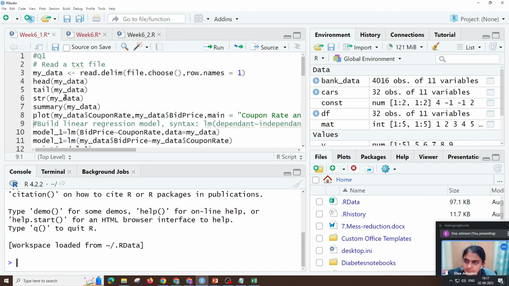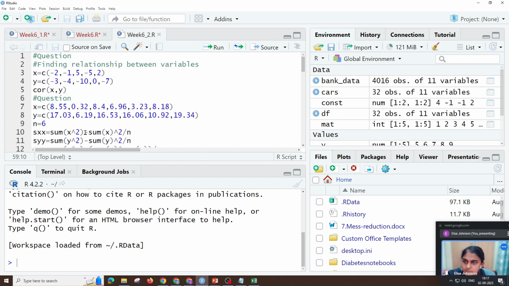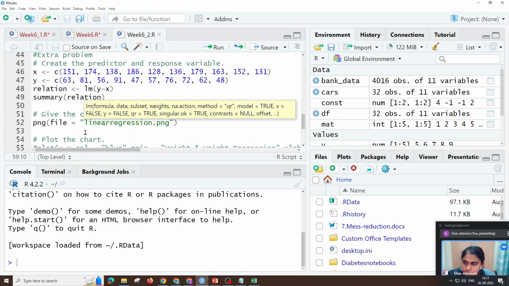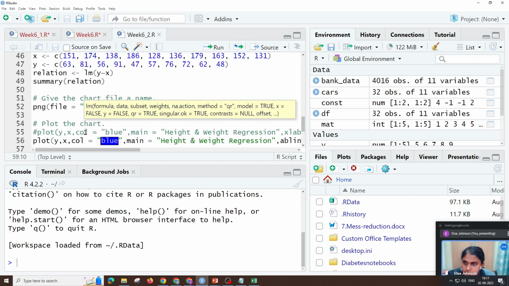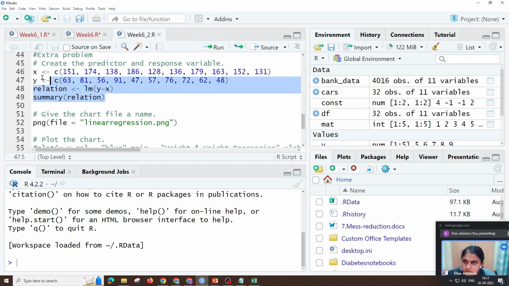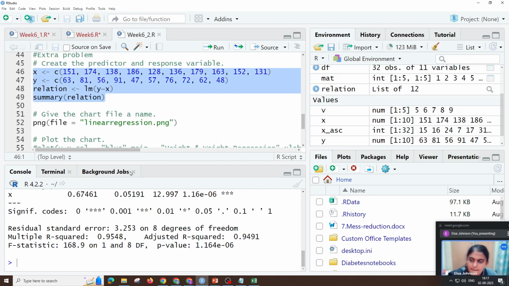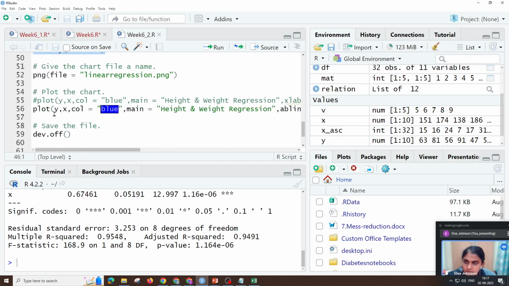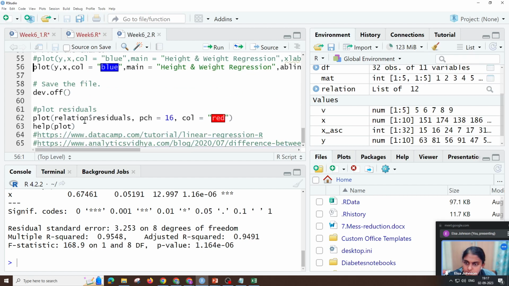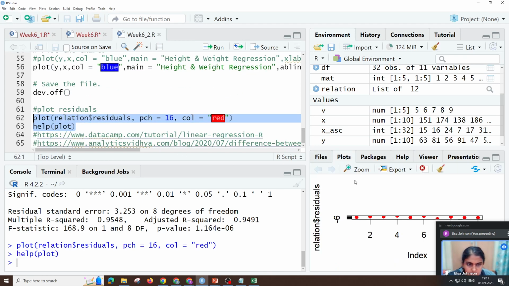We were running at this one, yes, this was the question. Now if I do just the plot of the residuals, it was not responding earlier, so just wait a moment.